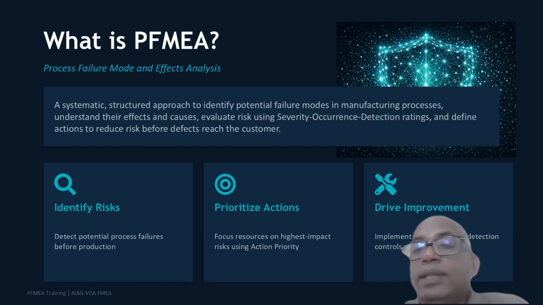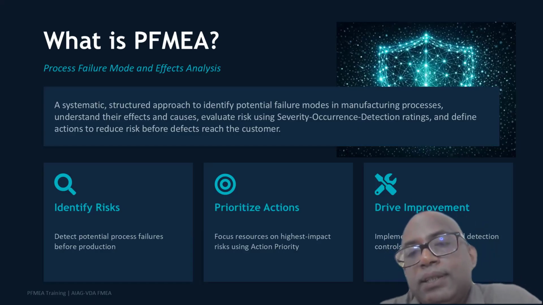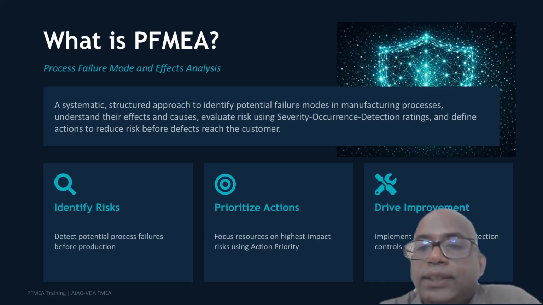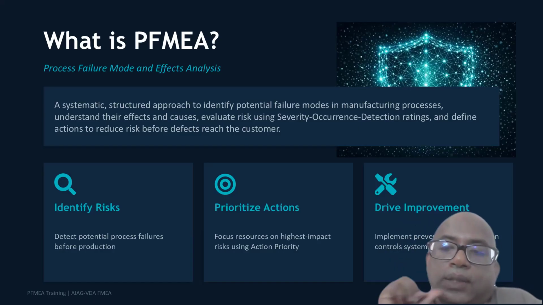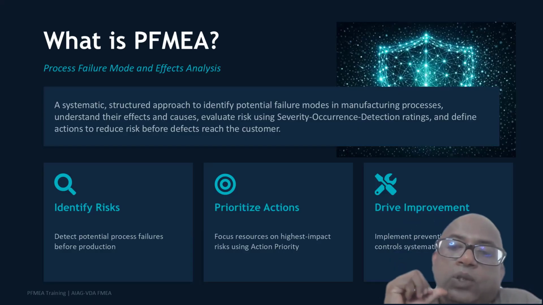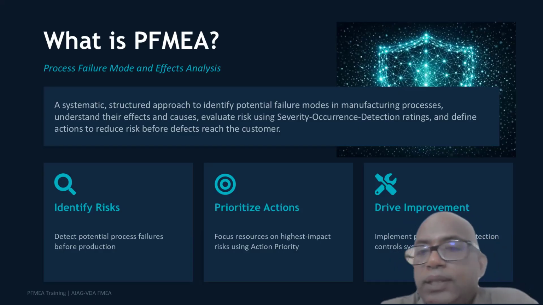Then you can prepare the control plan earlier. Next, prioritize the action: focus resources on the highest impact risks using action priority. Here we are not talking about RPN, risk priority number, but about action priority.